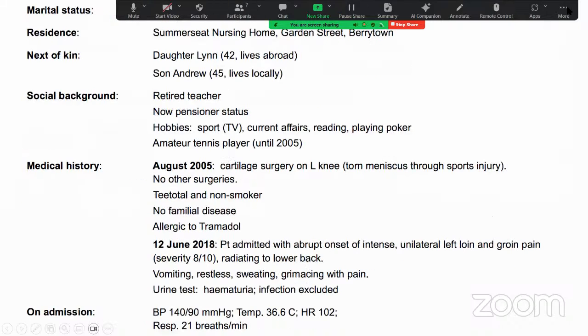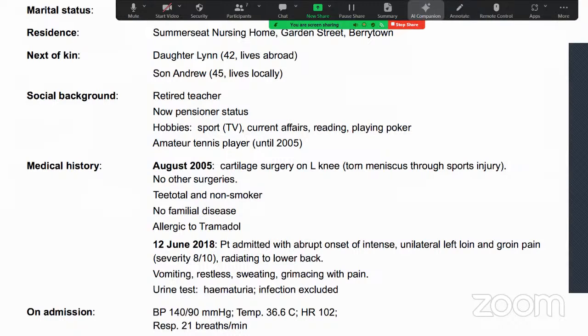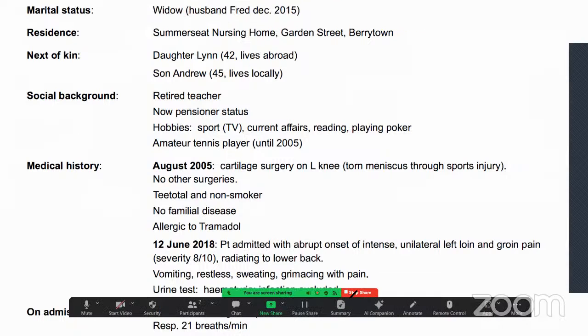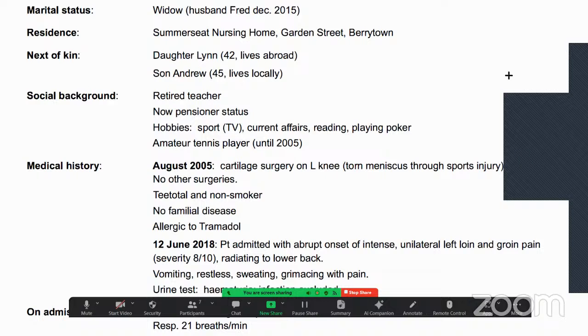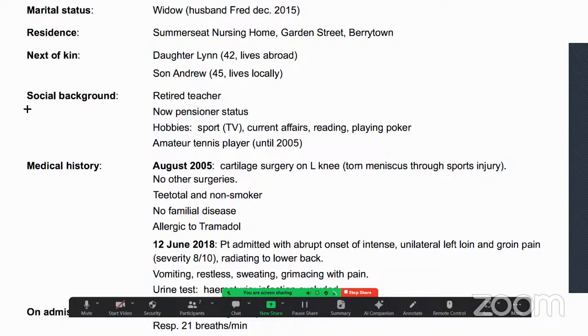And this is the second page. Okay. Right. Marital status, she is a widow.